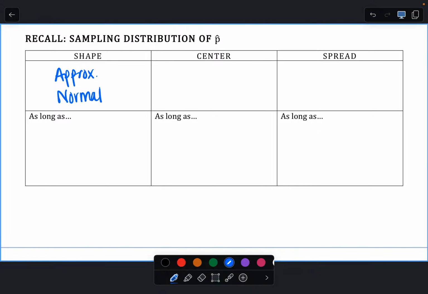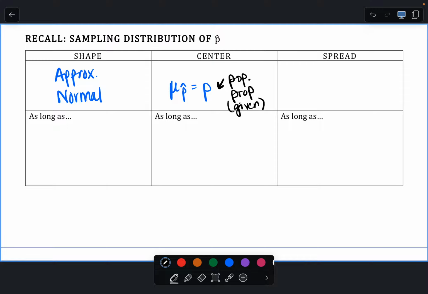For the center, that is the mean of the sampling distribution. That is always equal to P, the population proportion, and typically this is going to be given in the question.